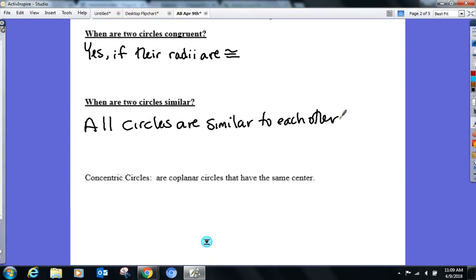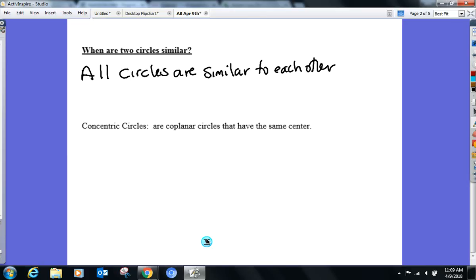So they're congruent if the radii are congruent, but they're similar always. I think maybe you've heard of this, or you know pictures of them anyway. Concentric circles. Circles that have the same center.